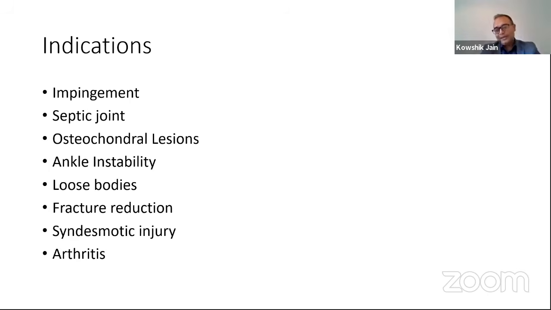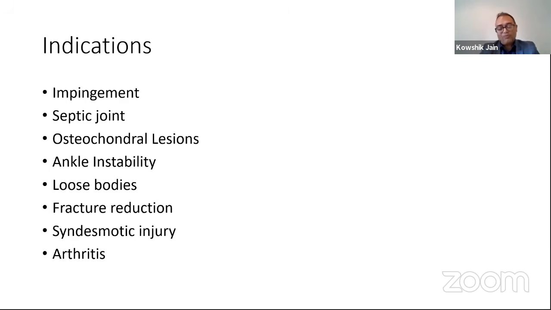So what are the indications? These, as I told you, have expanded in the last 2 to 3 decades. Let's start with impingement. You're all aware that ankles can become painful because of either anterior impingement or posterior impingement. It can become painful because of soft tissue impingement or bony impingement. And these are excellent indications for performing ankle arthroscopy.